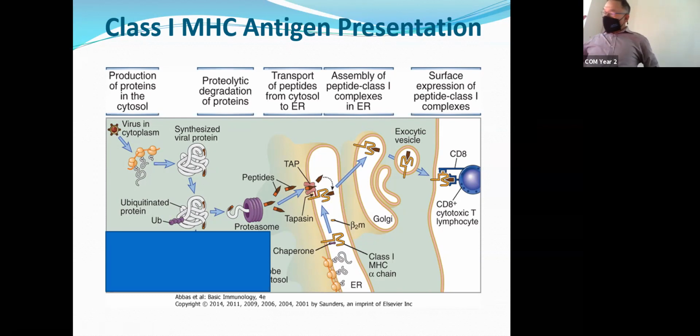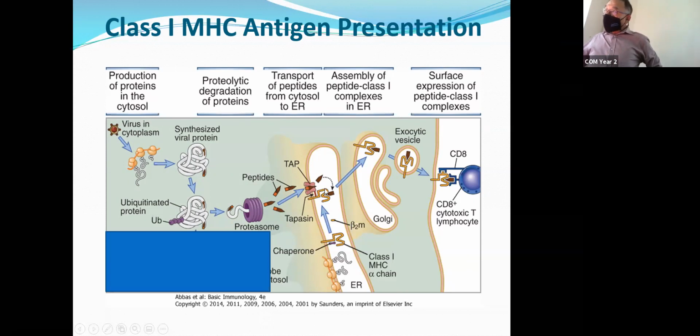And what they do is they degrade this foreign protein into individual peptides. And these peptides are then carried into the ER through these two important gateway proteins called transporter-associated proteins, or TAP.